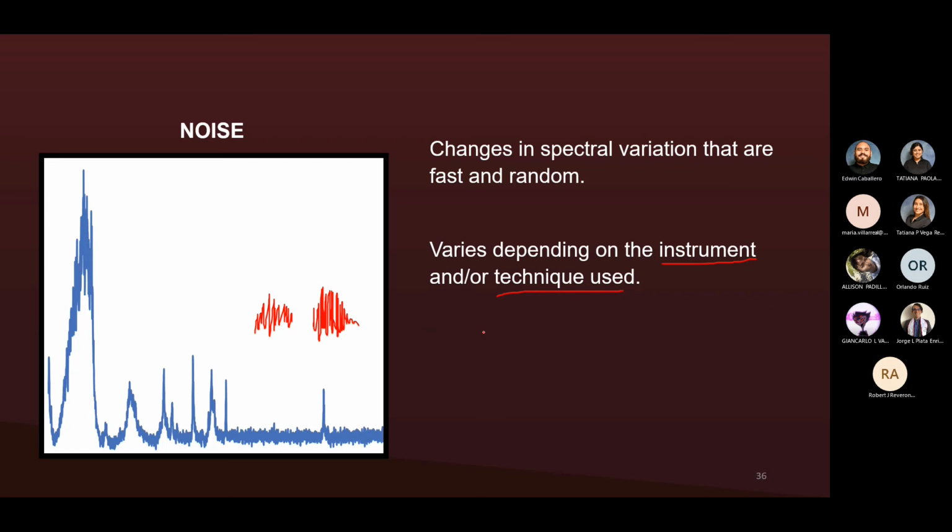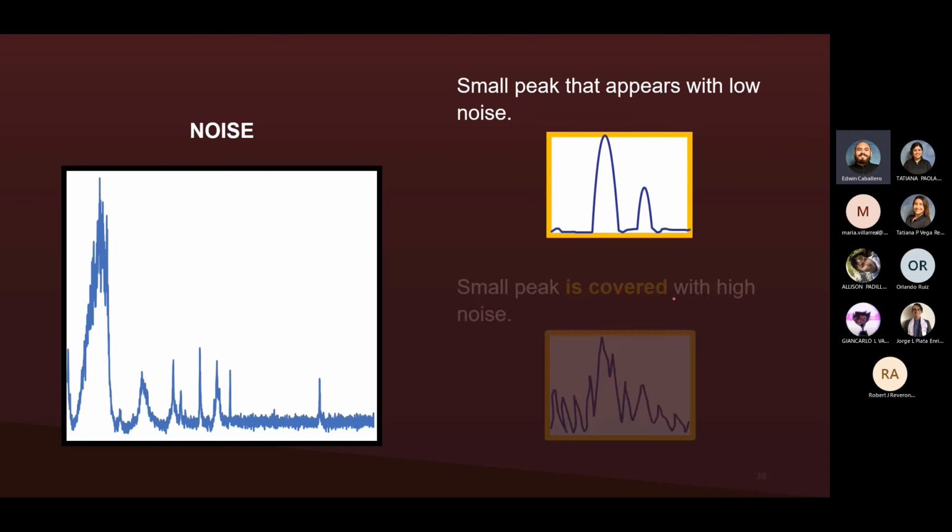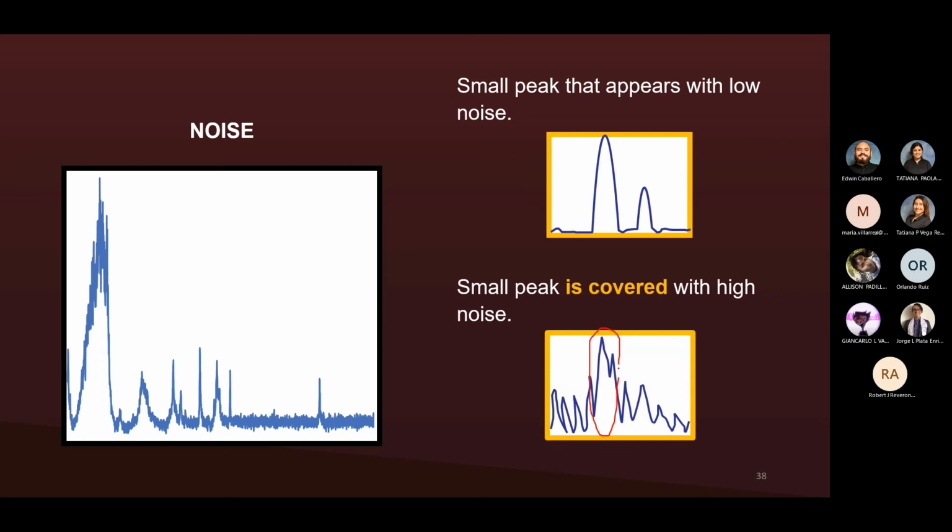If the technique is very sensitive, you're going to see more noise than with a conventional technique when you use an instrument. And with regards to noise, the main problem is that if you have small peaks, like the ones here, and the noise of your spectra is too big, you might not differentiate the peaks from the noise itself. You might not see the peaks.